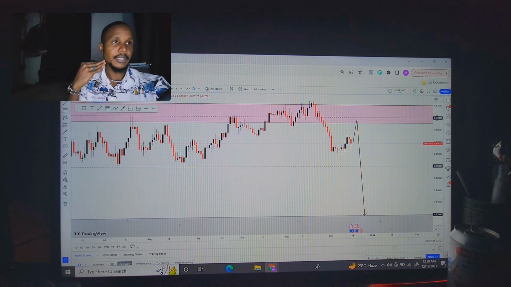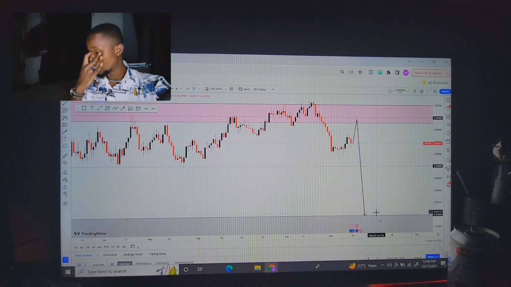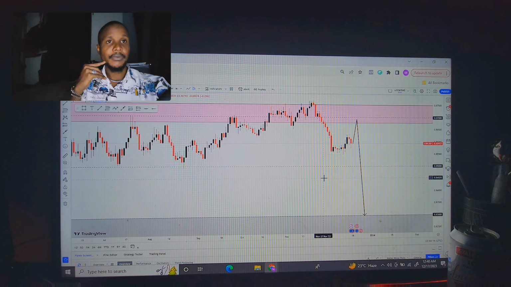You can see that there. So we're waiting for price to retest this level here, and then we'll go to our lower time frame and take our lower time frame entry to short this, to sell the trade to the downside, right? So that's it for EUR/GBP.